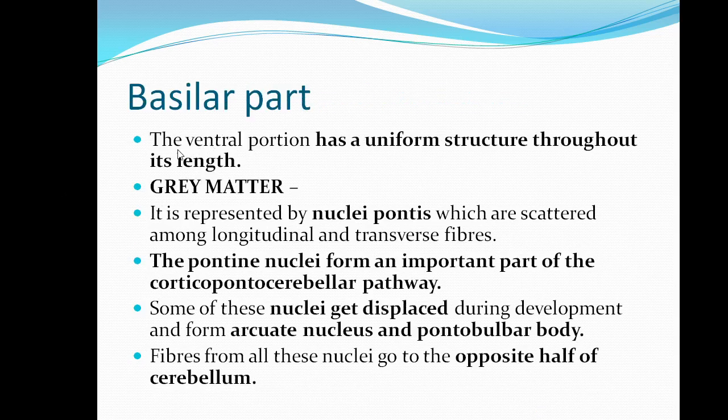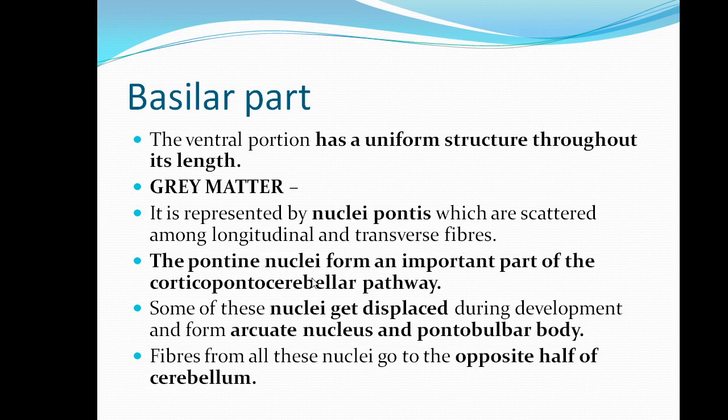Basilar part. The ventral portion has a basilar part, also known as the ventral part. It has a uniform structure throughout its length. The gray matter in the region of the basilar part is represented by nuclei pontis, which are scattered among the longitudinal and transverse fibers.